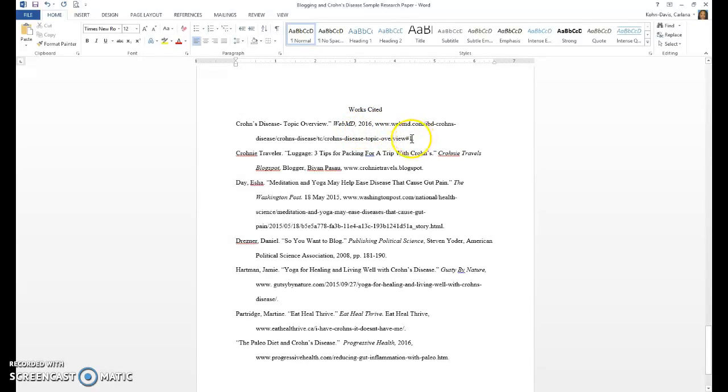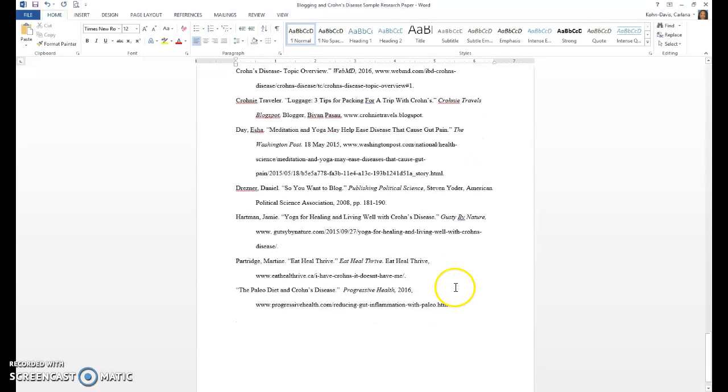Notice the period at the end of each source. Let's see what else. Notice that the title of the source is in quotation marks, and the source container, or where I got that source from, is italicized. Okay?